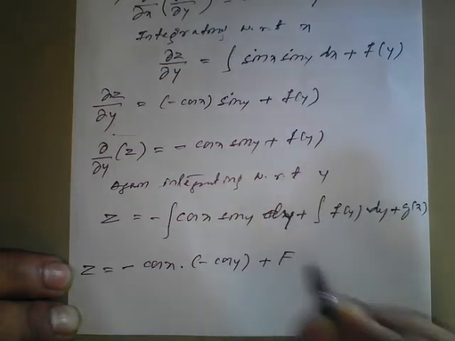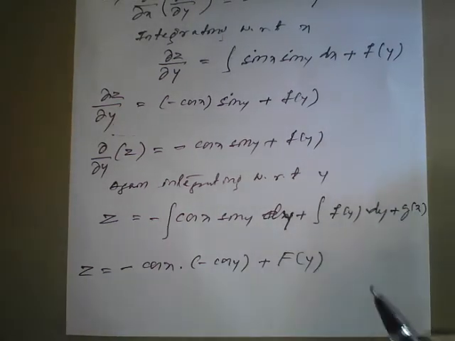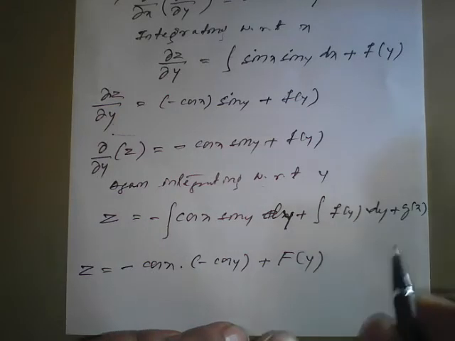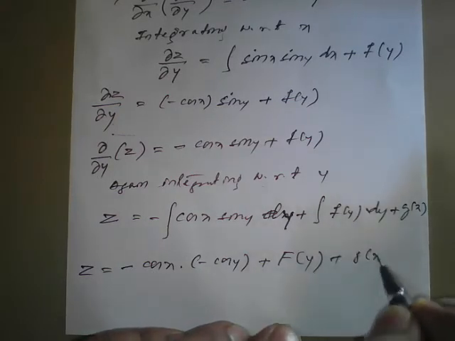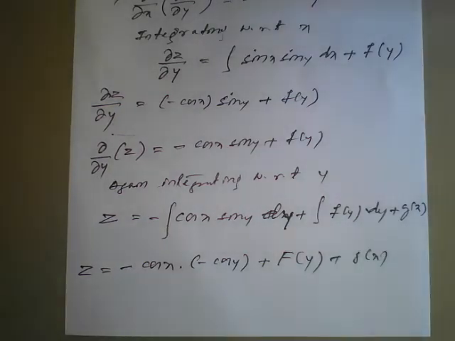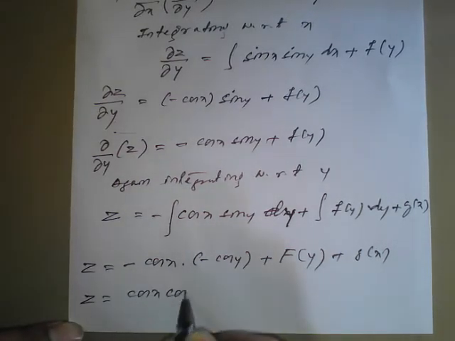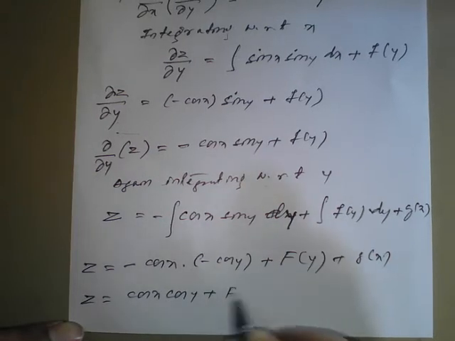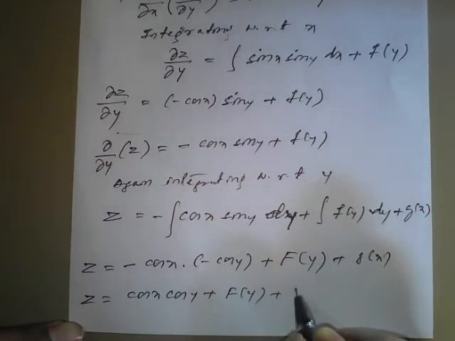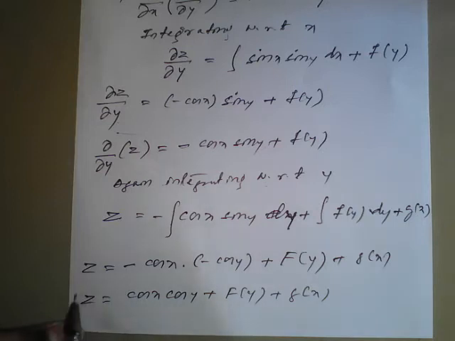I will choose it as capital F of y, as we have taken previously, plus small g of x as it is. So rearranging, z equals minus minus plus, cos x cos y plus capital F of y plus g of x. So we got the z now.